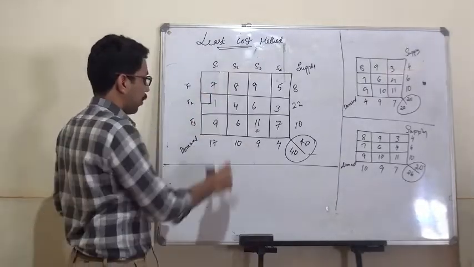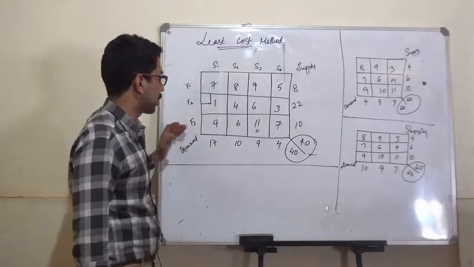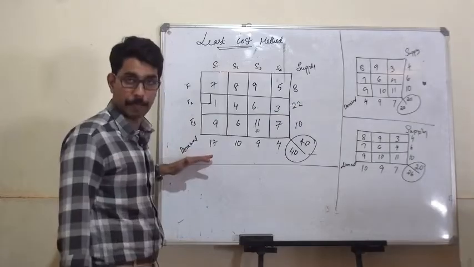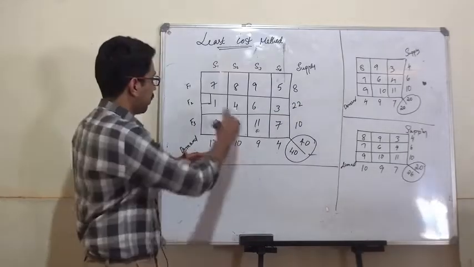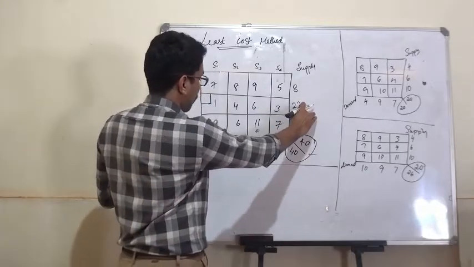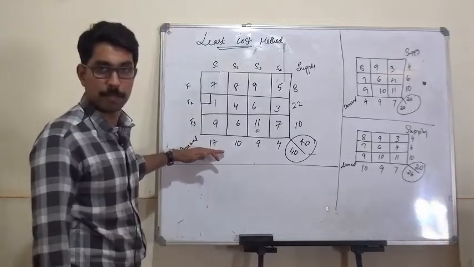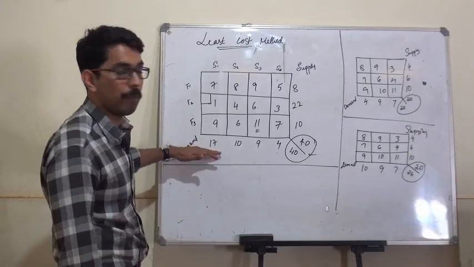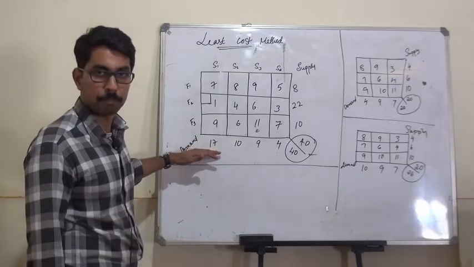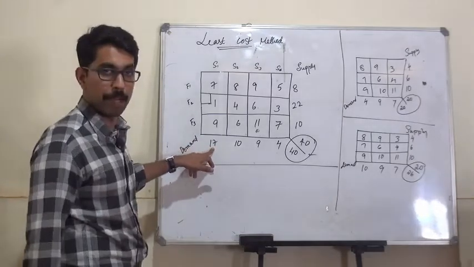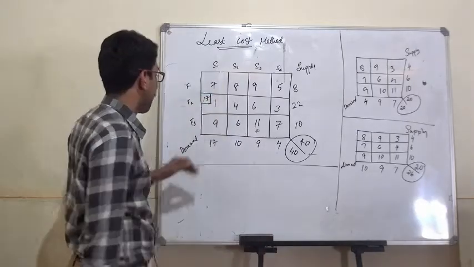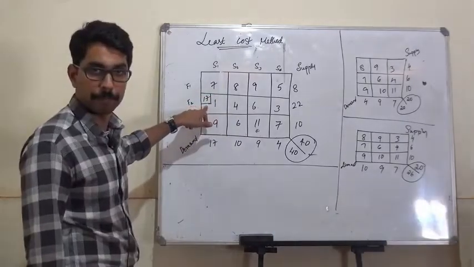For allocating a value in this cell, we have to consider the respective supply value and the respective demand value. Here the respective supply value is 22 and the demand value is 17. So we have to put the minimum value here. That is 17, the minimum value, so we take 17 and allocate it here.